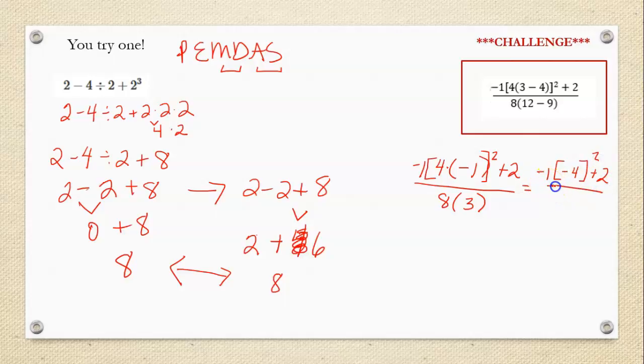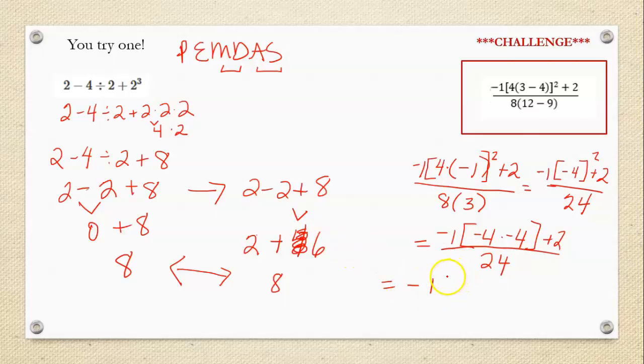I'm going to go ahead and multiply our 8 times 3, right? All right, now working in that numerator, we have negative 4 squared. Negative 4 times negative 4. I always run out of room. I write way too big. I need to work on that.